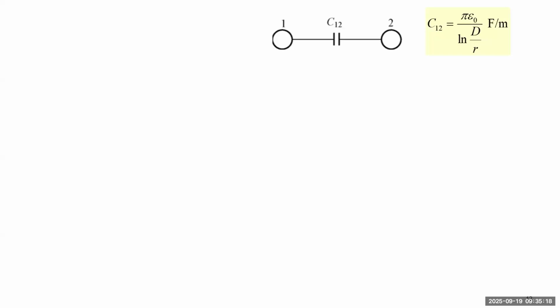So now, if we have two conductors, they together make a single circuit. And what we proved is a formula to calculate the capacitance between the two conductors, which can be calculated based on this one. If we know the radius and the distance, we'll be able to calculate the total capacitance between the two conductors.